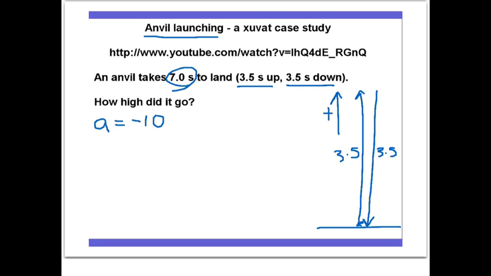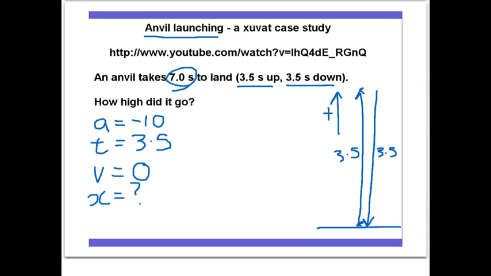So acceleration is negative 10. The time for that first half of the journey is 3.5 seconds. And the final velocity for that section will be 0, because it comes to rest when it's up here at the top of its flight. And the thing we're asked to find is x. So x is our unknown.